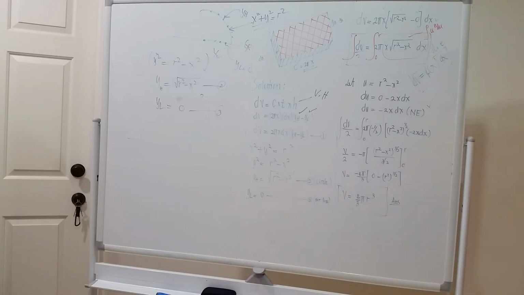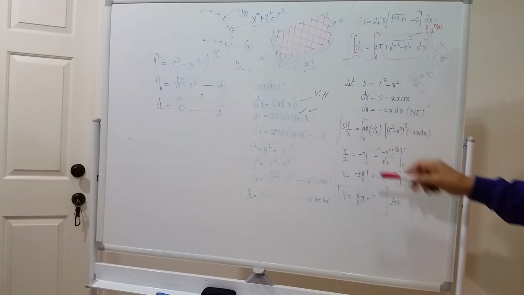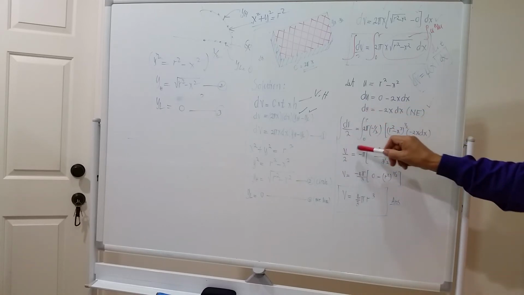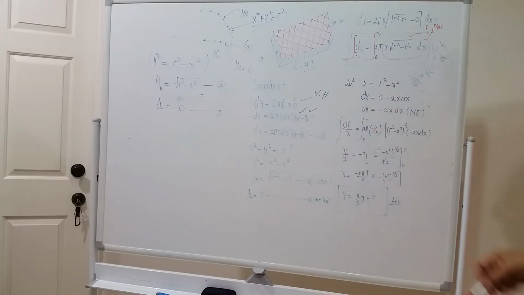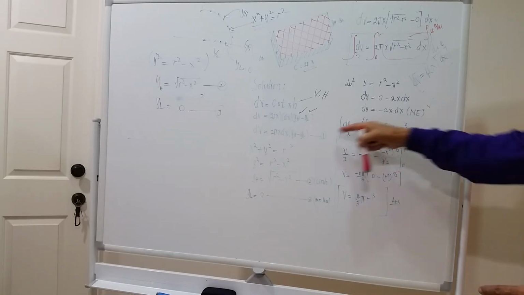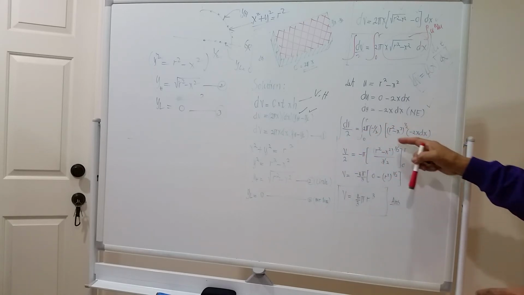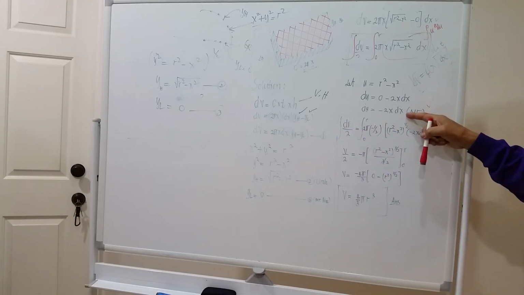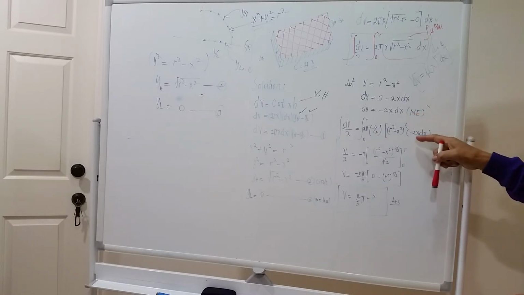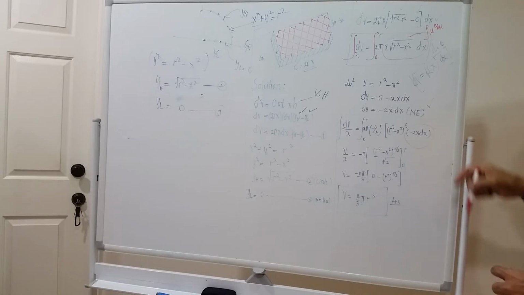Okay. So the integral of differential volume over 2 will be equal to the integral from 0 to r of 2 pi. Since this is not exact, we will introduce negative 1/2 outside. Okay, negative 1/2 times r squared minus x squared raised to the 1/2. Then we place the exact differential as per verification, minus 2x dx.